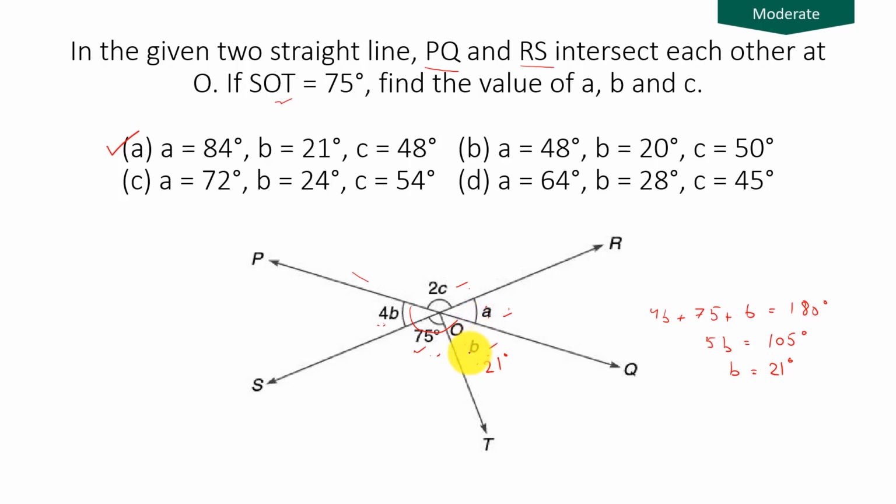We know the value of B, so we can find out the value of A. The value of A comes out to 84 degrees. Similarly, if you look at the right side of PQ, it will be 2C plus A is equal to 180 degrees. And if you solve by putting the value of A as 84 degrees, you will get the value of C to be 48 degrees.